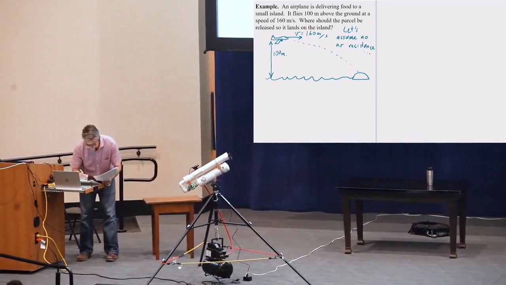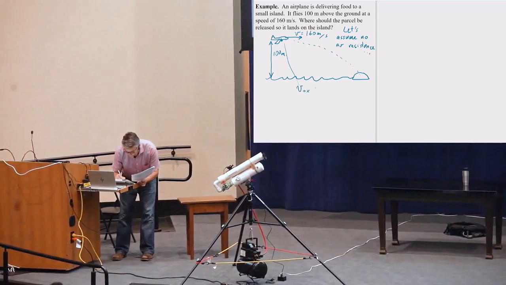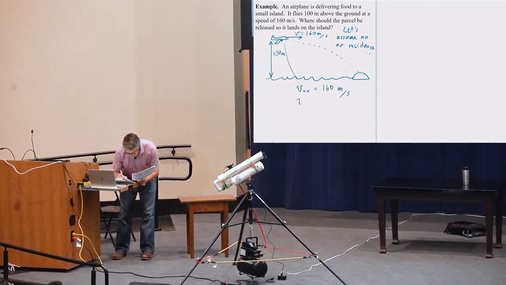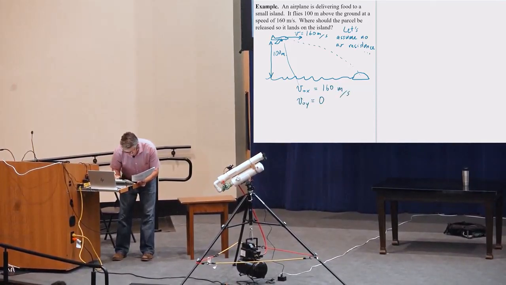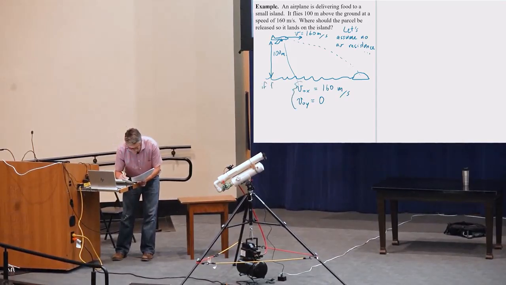If you can picture that. So I would say V initial of the food is equal to 160 meters per second, and V0y is equal to 0. This is, I guess, if the food is just dropped from the airplane.